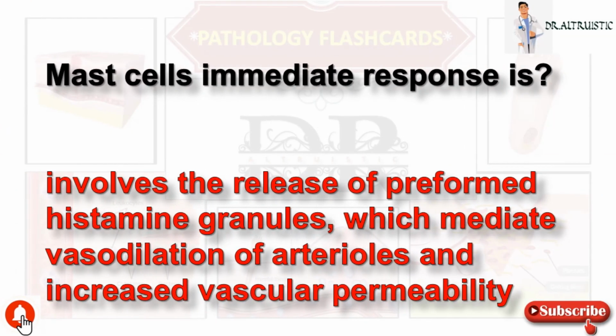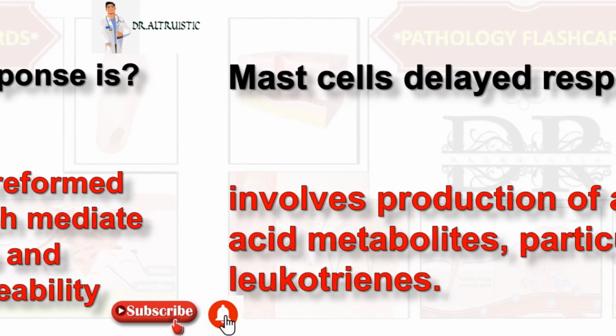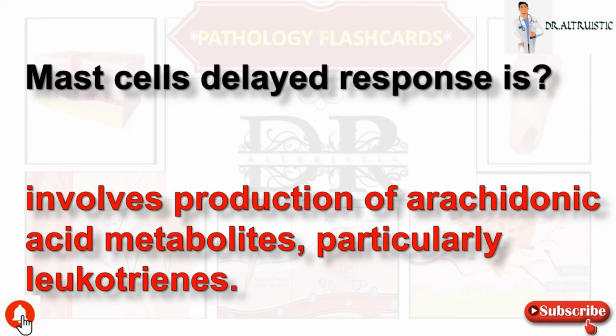Mast cells' immediate response involves the release of preformed histamine granules, which mediate vasodilation of arterioles and increased vascular permeability. Their delayed response involves production of arachidonic acid metabolites, particularly leukotrienes.